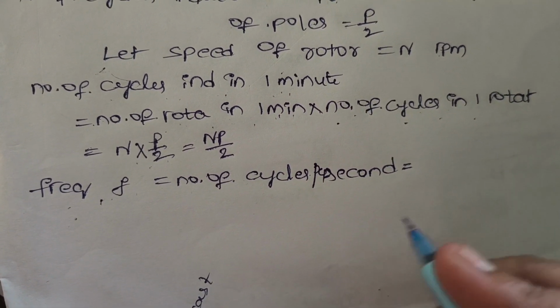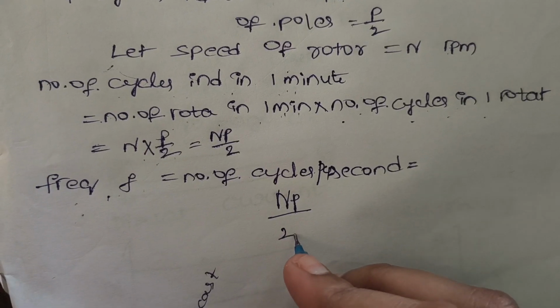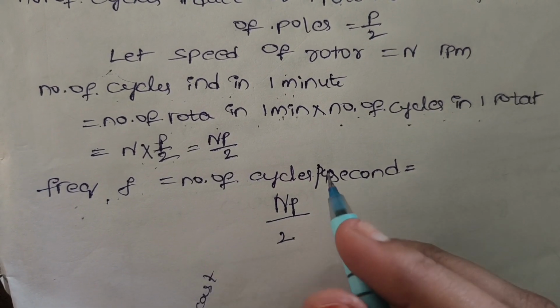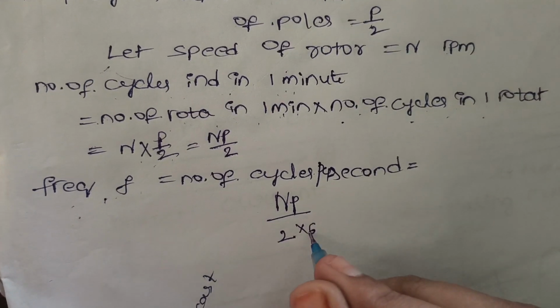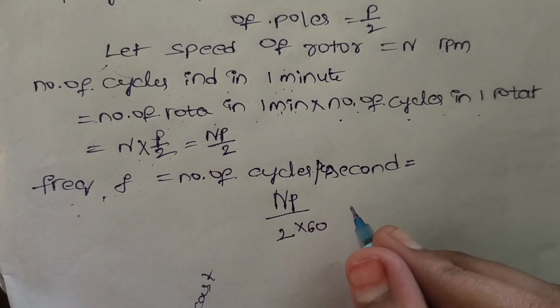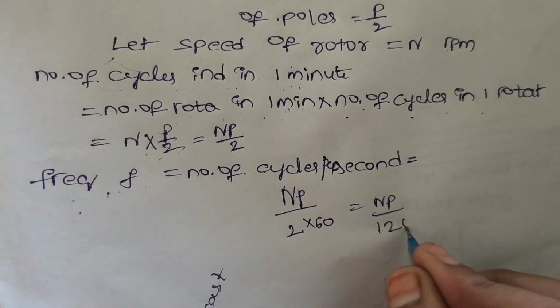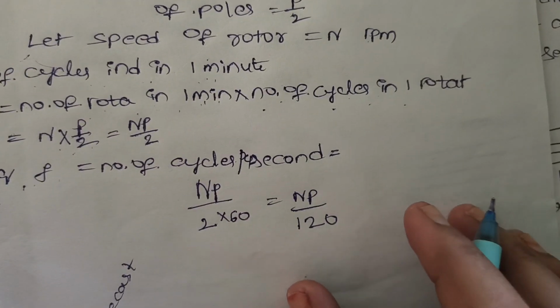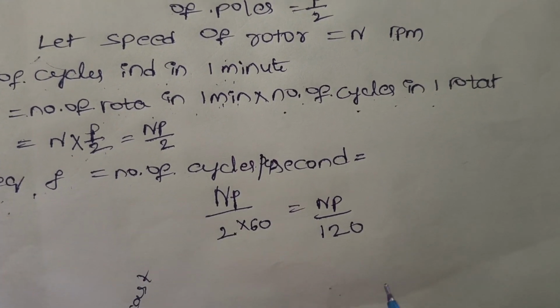When we convert minutes into seconds, we have to divide by 60. So this is NP by 60 into 2, which is 120.